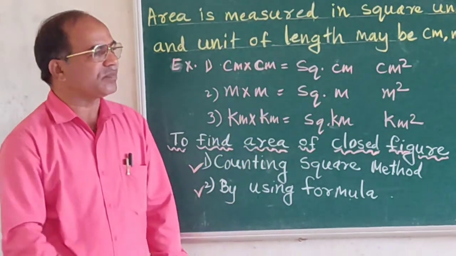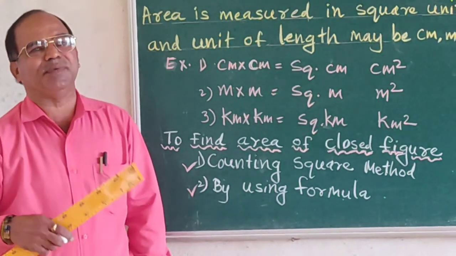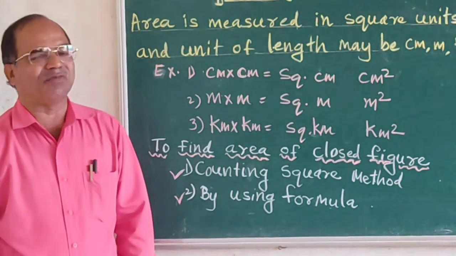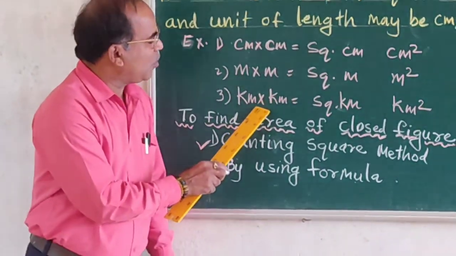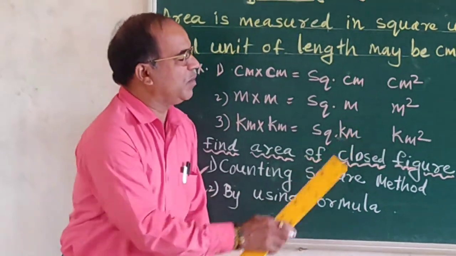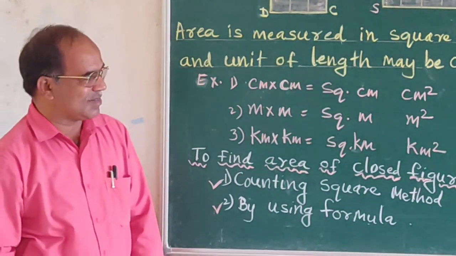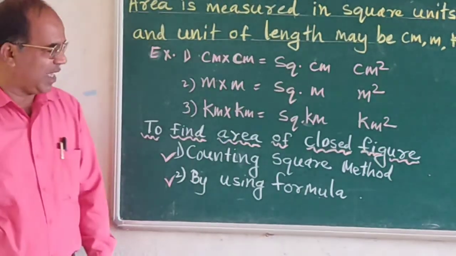If the distance between two cities or a field is measured, it is in kilometer, so kilometer into kilometer is equal to square kilometer or kilometer square. This is called the unit of area.